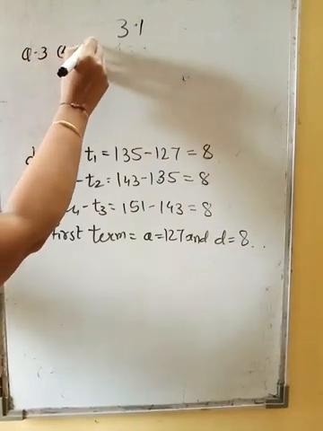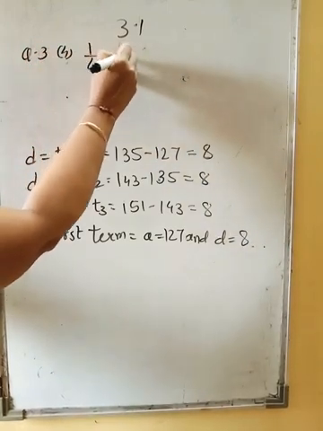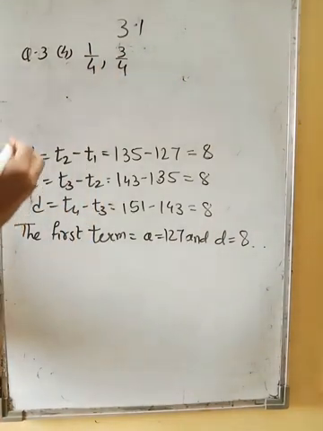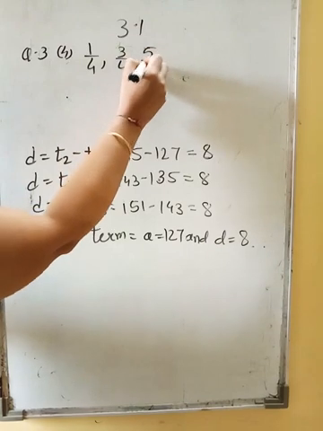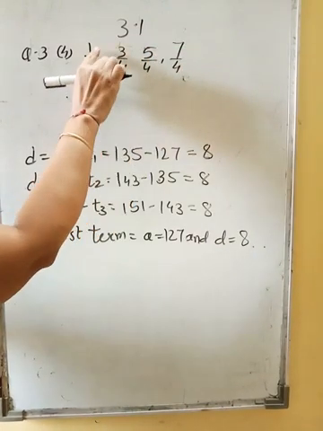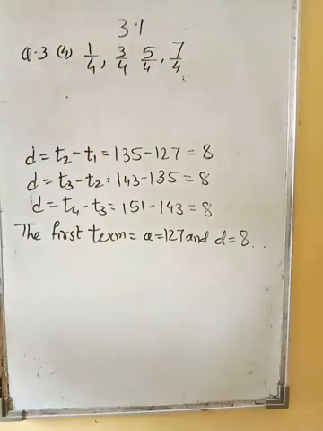So you are given the sequence as 1 upon 4, 3 upon 4, 5 upon 4, 7 upon 4. यहाँ पे सब 4 है, यहाँ पे 1, 3, 5, 7. Right? So I hope you are understanding. Every time there is a difference of 2 upon 4, that is half. Common sense. And then too we will write down all the things.